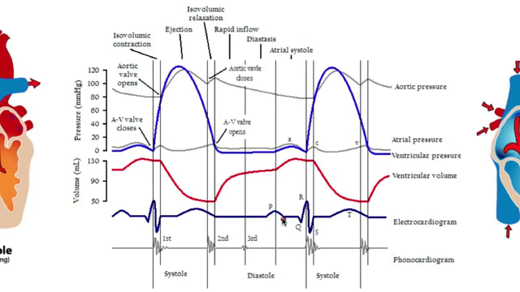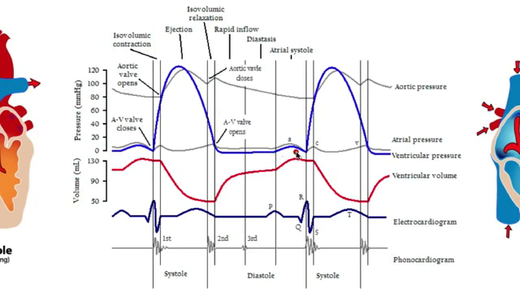Once this happens, that is going to cause the atria to contract. So let's jump up here and look at the atrial pressure, and you can see here right after the P wave, we get this increase in pressure in the atria.